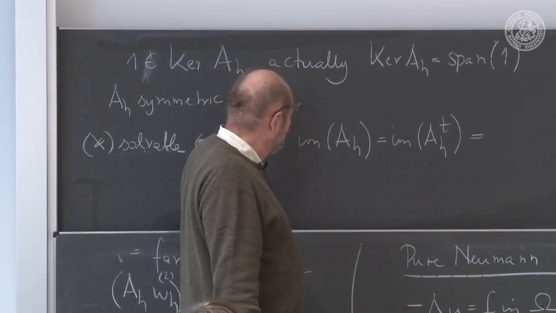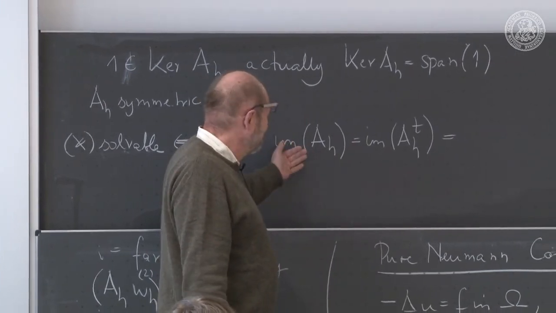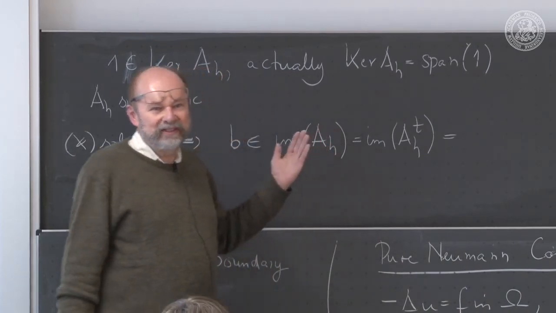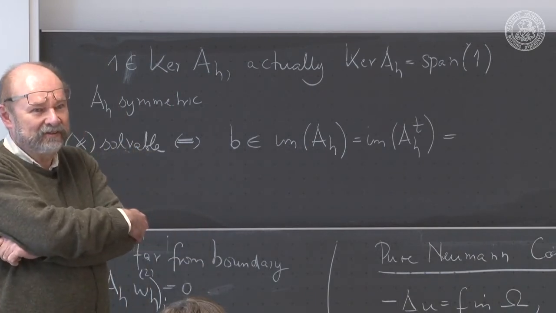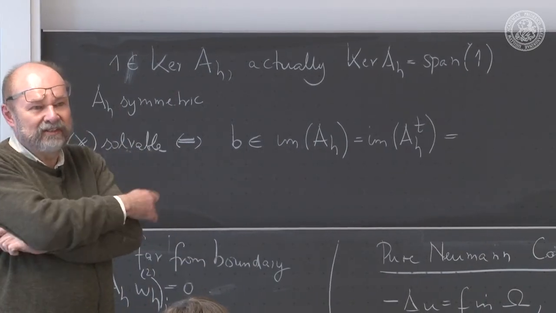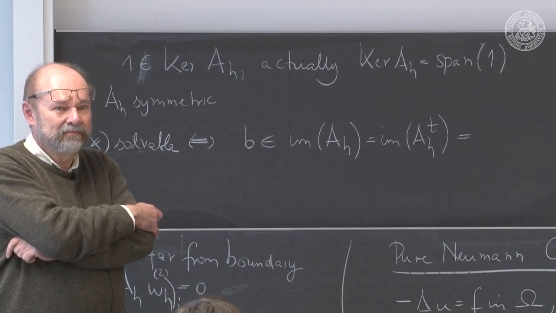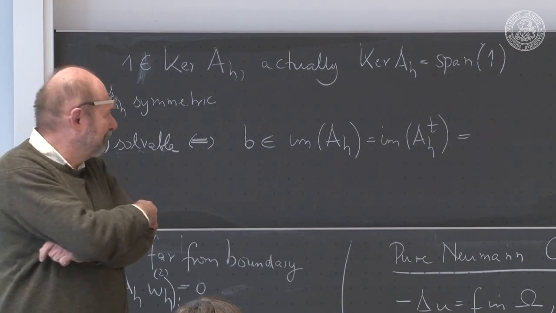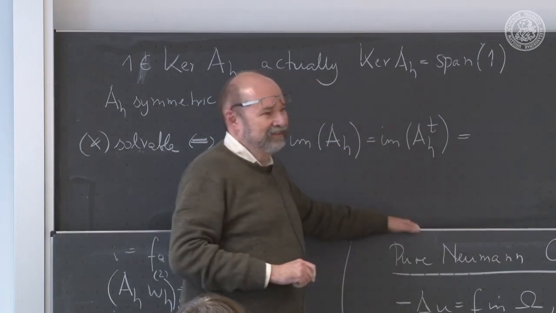So we have the row space. This is the column space. We have the row space. What is this? The row space expressed with the matrix is the space generated by the rows of the matrix, not by the columns. It's the image of A_h transpose, and then the kernel of A_h transpose. So how are these things connected?